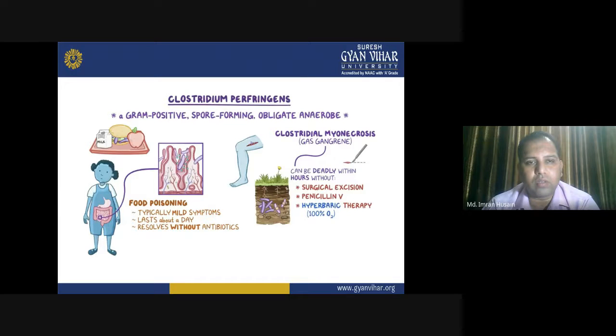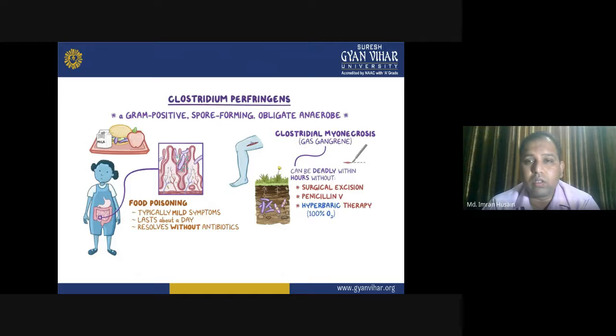Most of the time the food already contains the spores of Clostridium perfringens, which get incubated and turn into bacteria. But when it is eaten, it readily releases its toxins in the intestine, and that condition readily transforms into a food poisoning scenario.